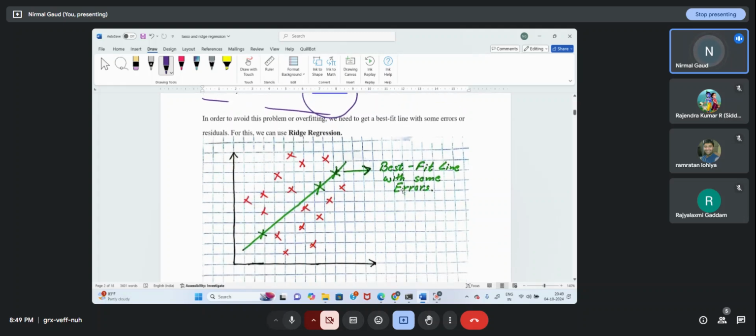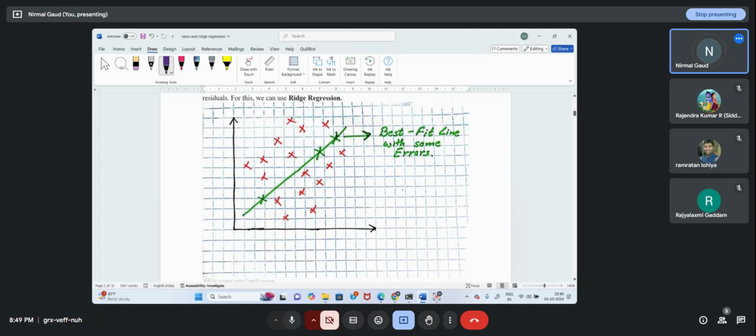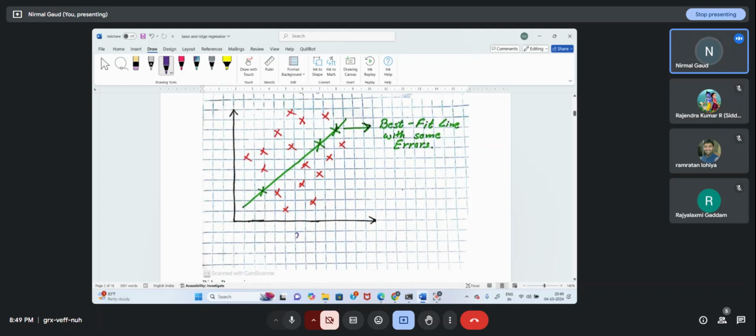But with the test data, this is how you got the points. That means this is your x, this is your y. For this x, you got this y, for this x, you got this y, and so on. If you make a line, few points will be captured.